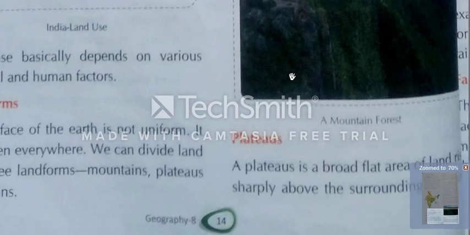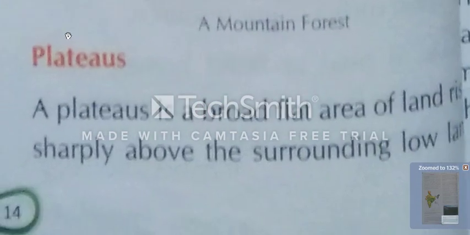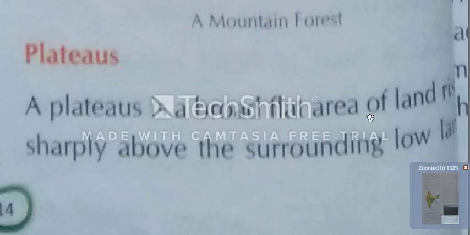Next word you can see is plateau. On the screen you can see plateaus. In Hindi we say plateau means पठार या पहाड़ी मैदान. Let's see. A plateau is a broad flat area of land rising sharply above the surrounding low land.